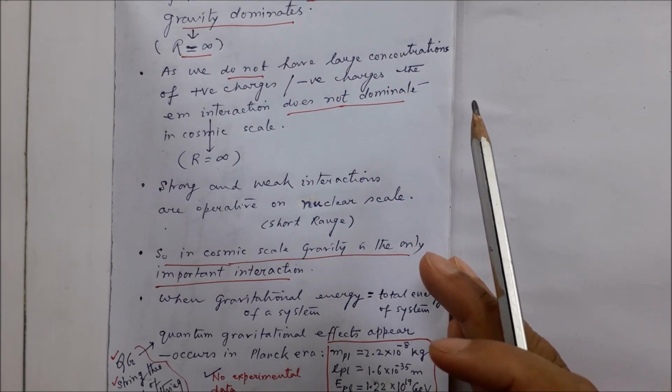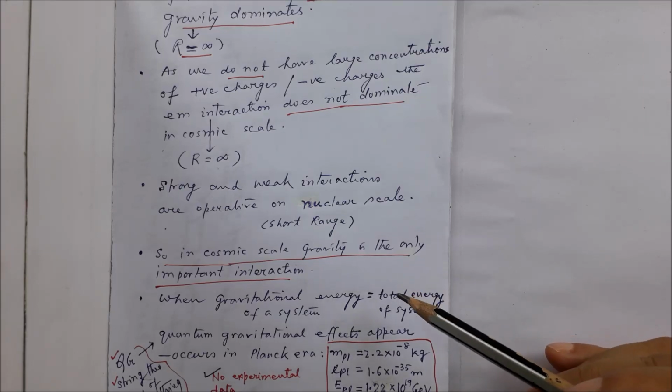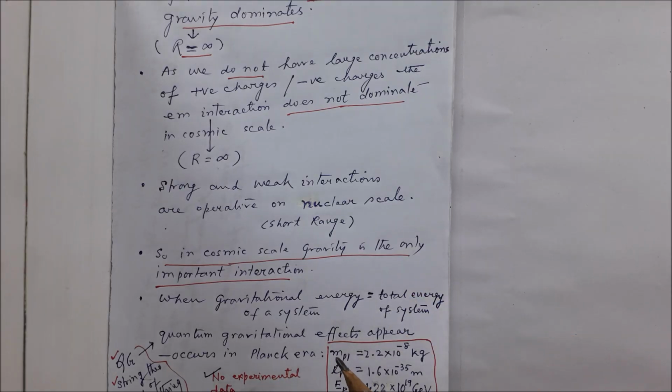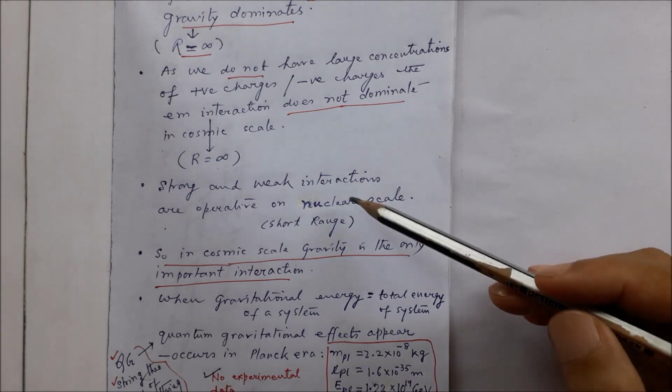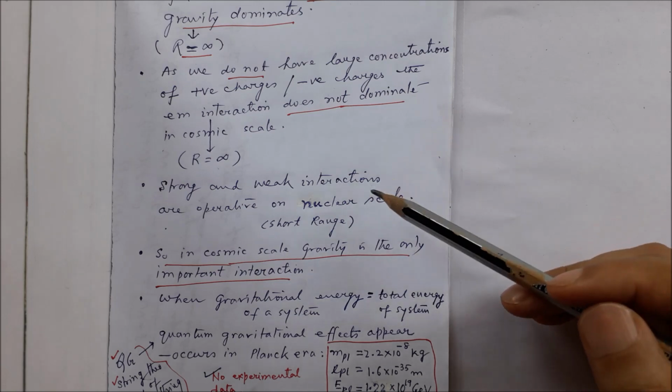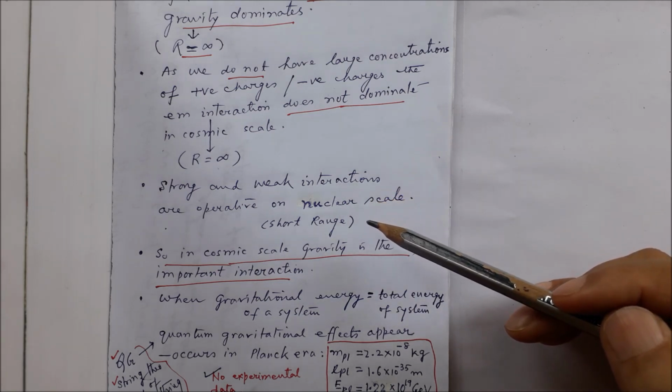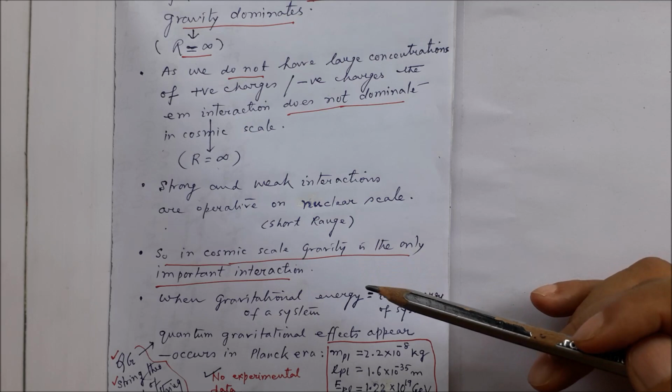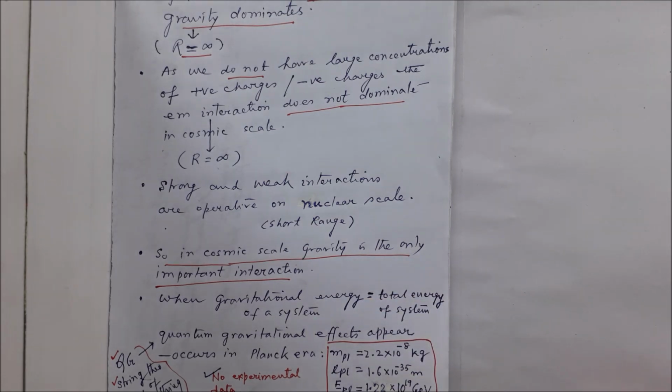Another important query which is asked is whether gravity has no role in the small scale at all. Now some theories, quantum gravity, string theory, theory of everything and so on and so forth, some theories which we are not going to deal with in this lecture, predict that quantum gravitational effects appear in Planck era, when gravitational energy of a system is equal to the total energy of the system.